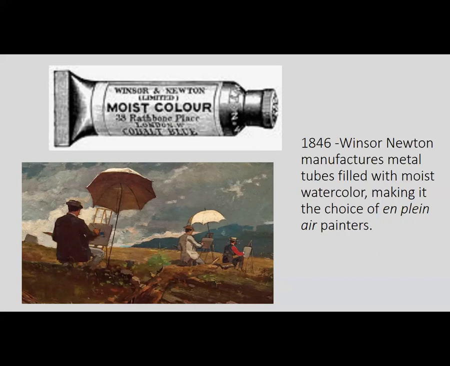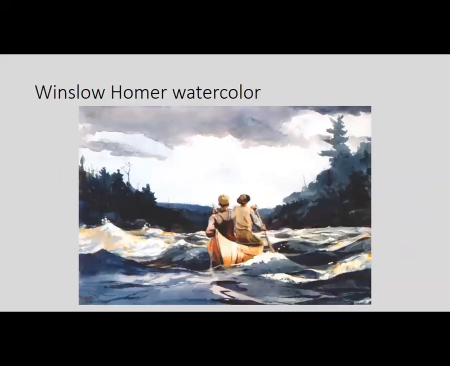It was laborious. Artists started loving this, and artists who like to paint outside, en plein air painters, would take tubes of watercolor, and it just made their life so easy because they weren't having to grind and mix paint.